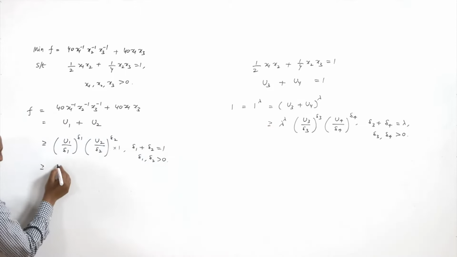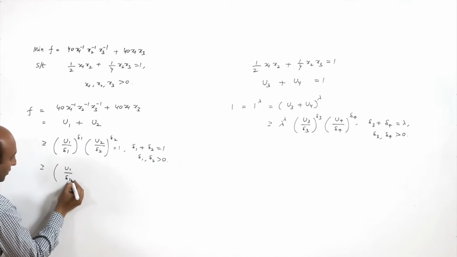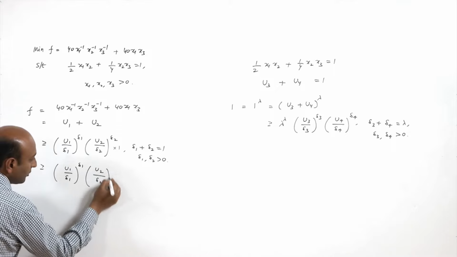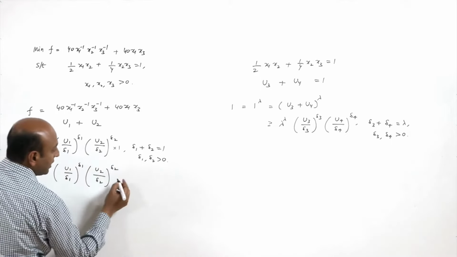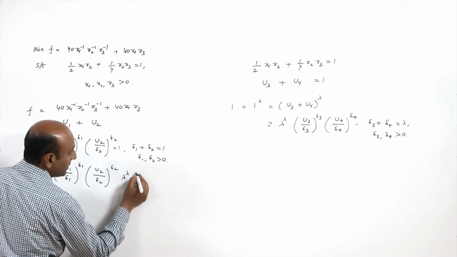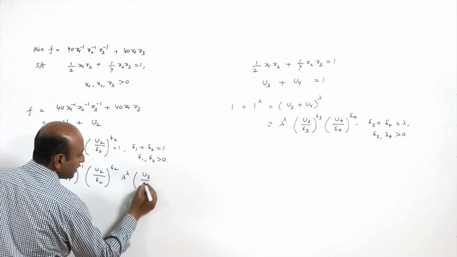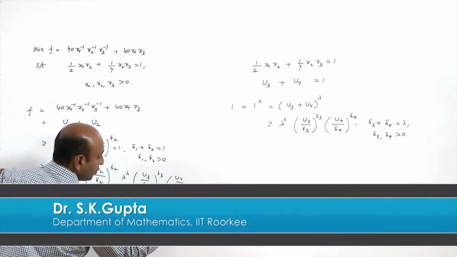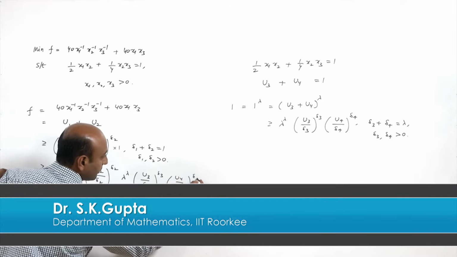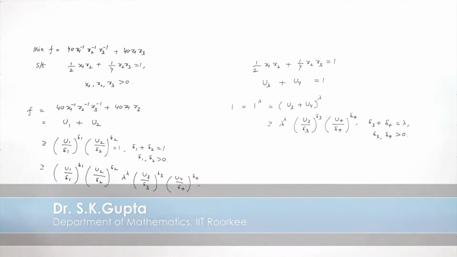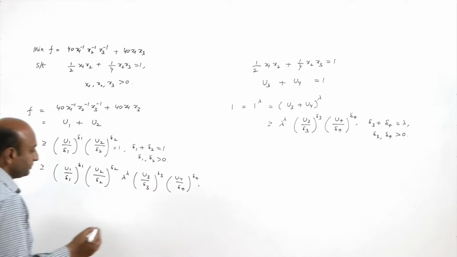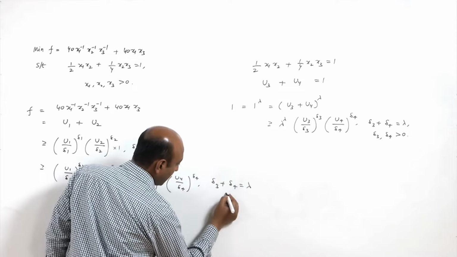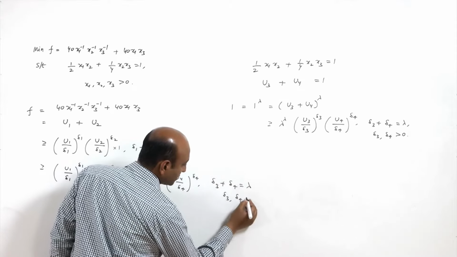So, this is greater than or equal to (u1 upon delta1) whole raised to power delta1, (u2 upon delta2) whole raised to power delta2 into 1, and 1 is greater than or equal to lambda raised to power lambda, (u3 upon delta3) whole raised to power delta3, and (u4 upon delta4) whole raised to power delta4, where delta3 plus delta4 is lambda and delta3, delta4 are strictly greater than 0.